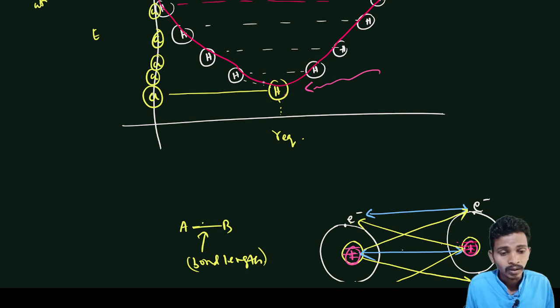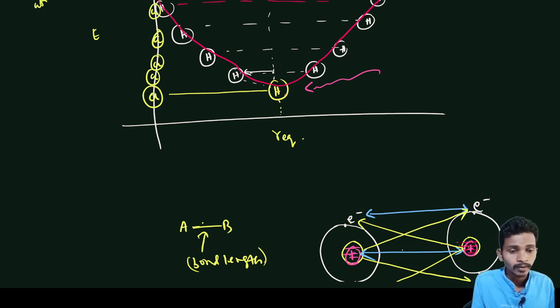this hydrogen, if you pull it here from this equilibrium position, from the equilibrium position we are pulling to here. Whenever you pull from the equilibrium position to this, then some force arises. Whenever you are pushing towards that chlorine, another force is there which gives repulsion, so that it will go in this direction, right?